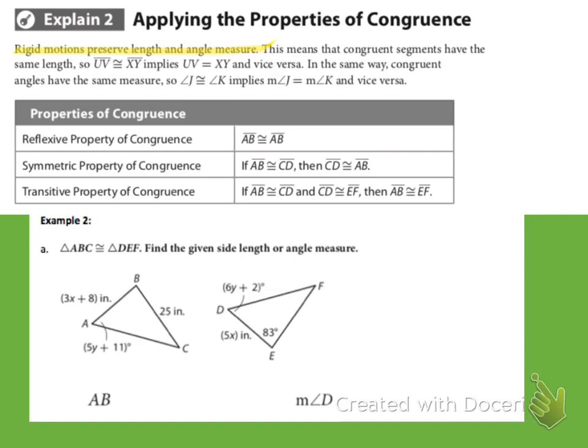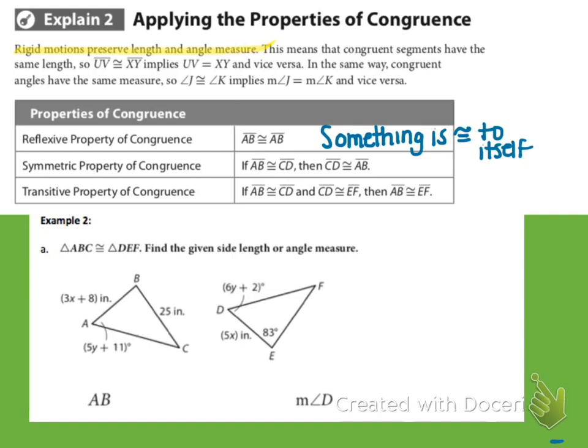But notice these say equality, and we're saying these are congruence. So the reflexive property of congruence says that a segment is congruent to itself, just like the reflexive property of equality said something is equal to itself. That just really means something is congruent to itself, which is sort of obvious.